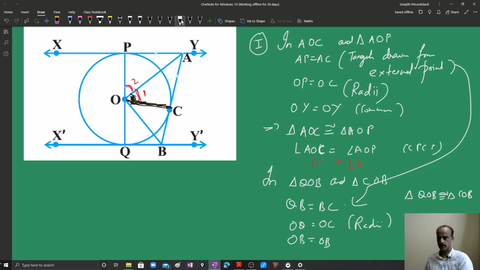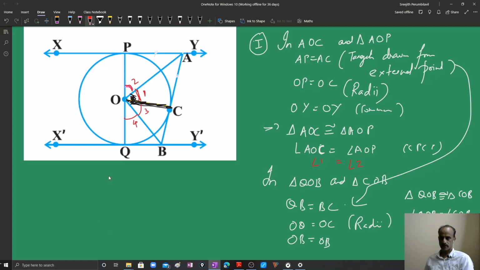Angle 3 is equal to angle 4, by CPCT. That is, angle QOB is equal to angle COB. So angle 4 is equal to angle 3.